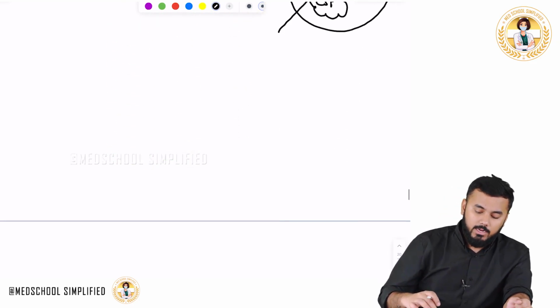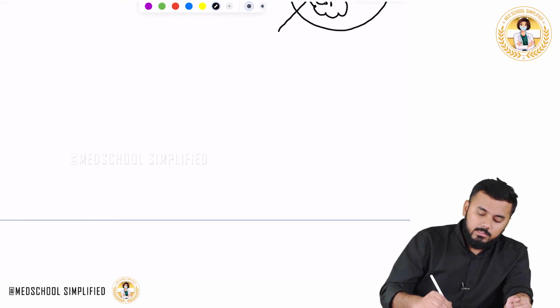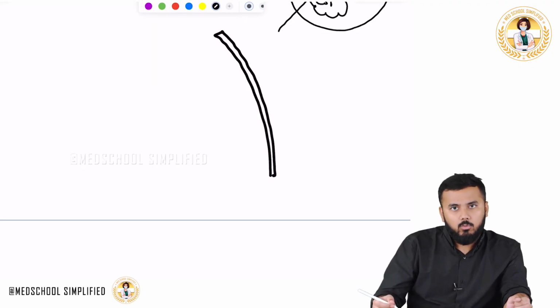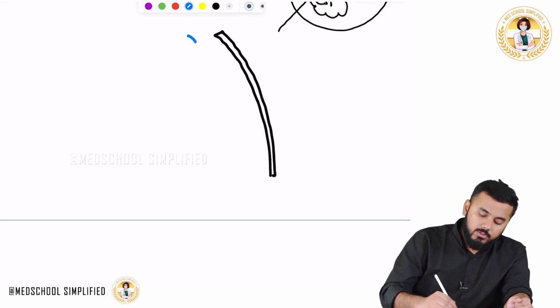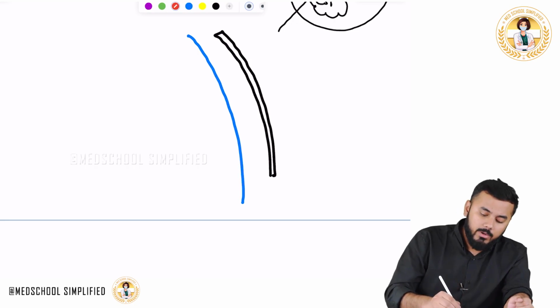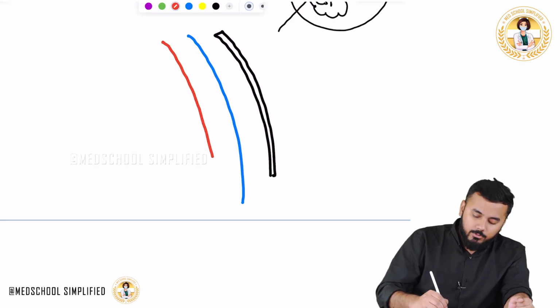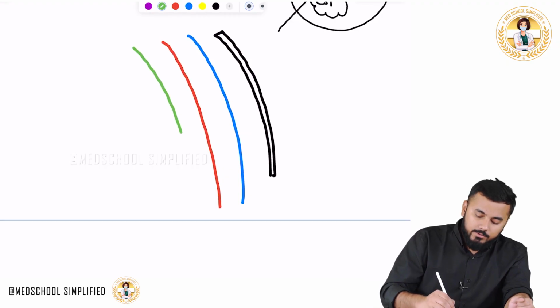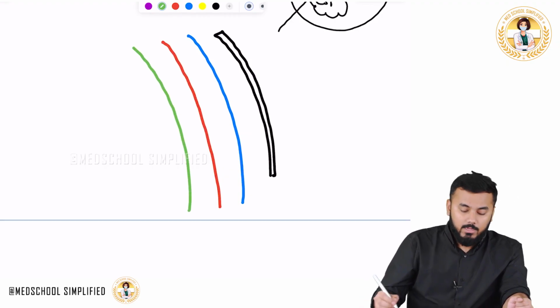Next important thing is that, let us say this is your skull cap. This is the vault of the skull bone. After that, this blue color layer which I am drawing right now is your dura mater. After the dura mater, this red color layer is your arachnoid mater. After that, this green color layer is your pia mater.